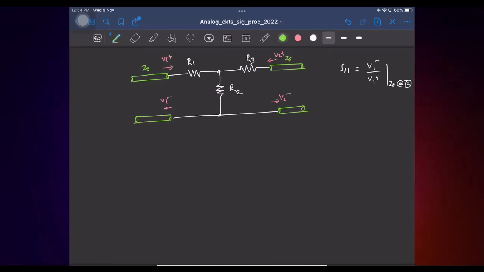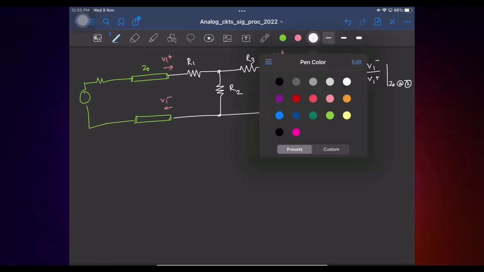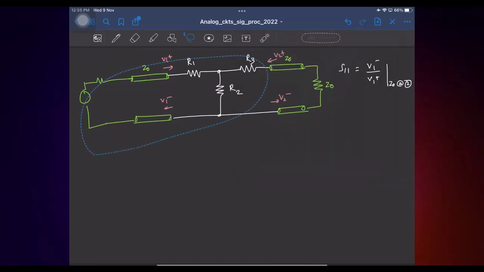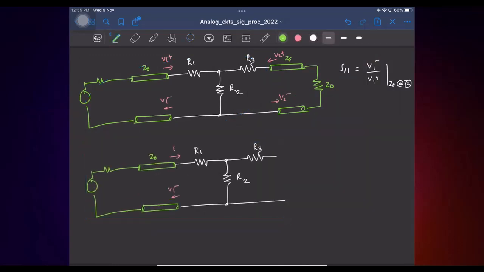So at the second port, now I'll put Z0, and I'm going to launch some signal here. Now if I have this kind of connection, what is the looking-in impedance? It's Z0. So basically I can simplify this to be this.